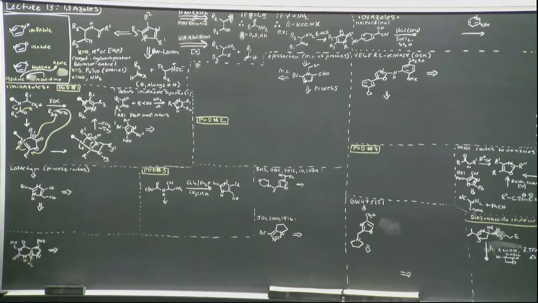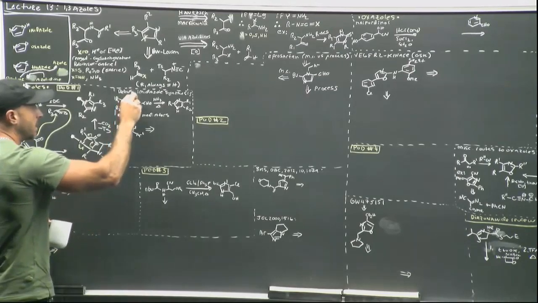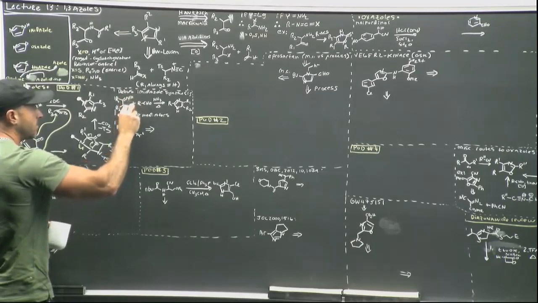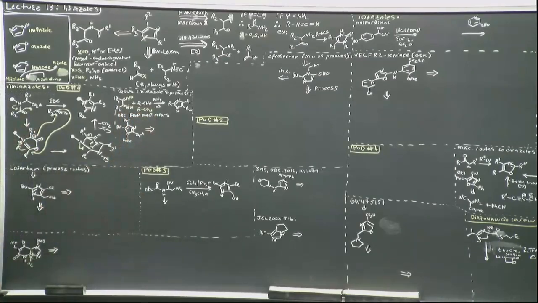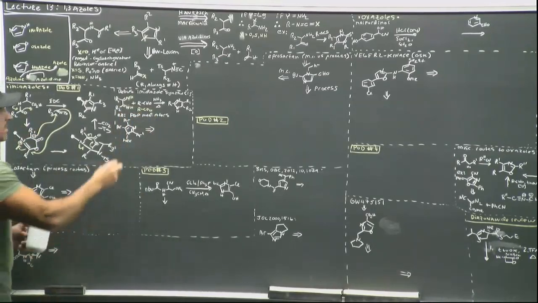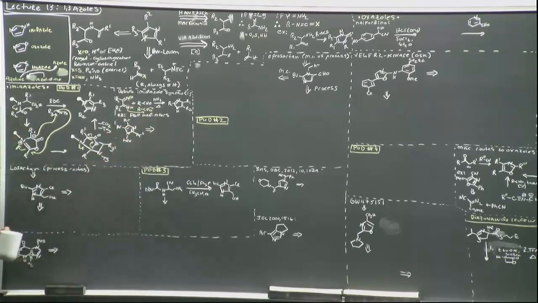Presumably, this goes via the intermediacy of the diimine, you also make that one in the soup, and you can imagine that then cyclizes after addition. Thermodynamically driven process. And obviously this method is best used when your diketone is symmetrical.